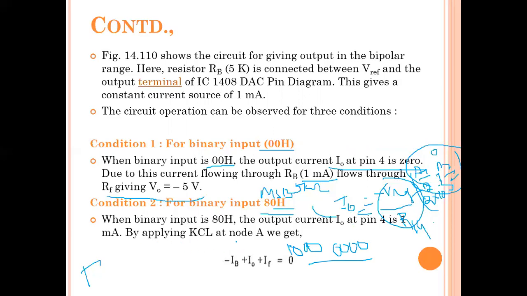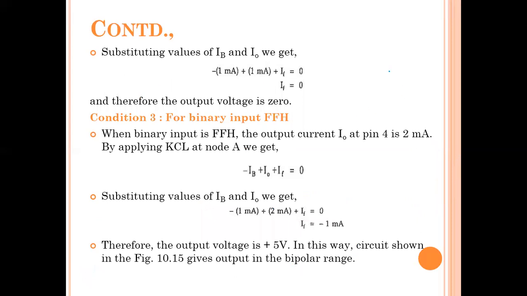By applying KCL at node A, you will be getting minus IB plus I0 plus the current in the feedback resistor, IF, equal to 0. From this you will be getting I0 equal to IB minus IF. IB value is equal to minus 1 milliamp and I0 is equal to plus 1 milliamp. So you will be getting IF equal to 0 here. Therefore, the output voltage is equal to 0.